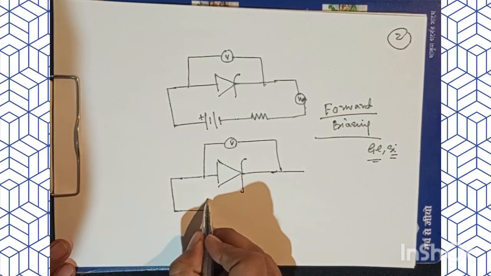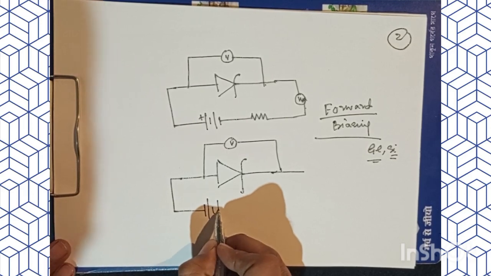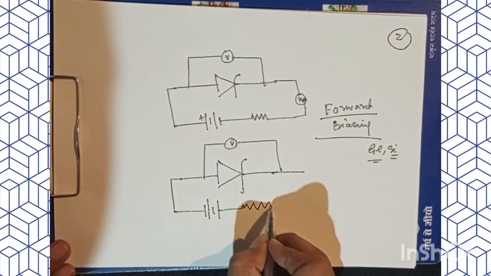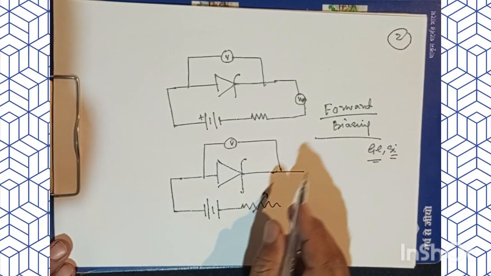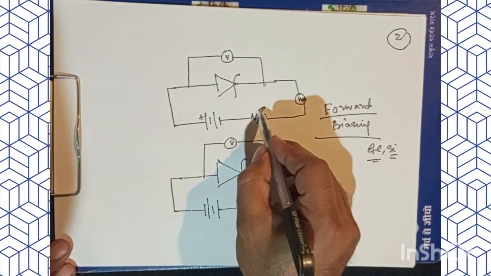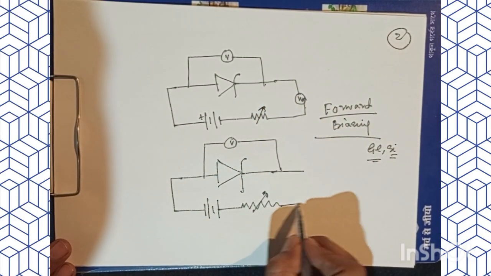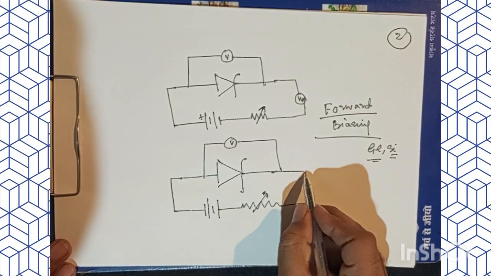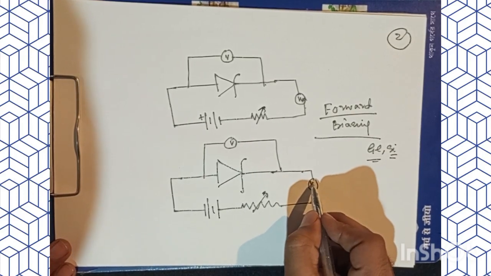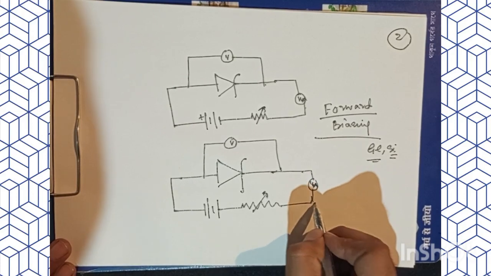Here I'll give negative, and then a variable resistance, and then a microammeter here.